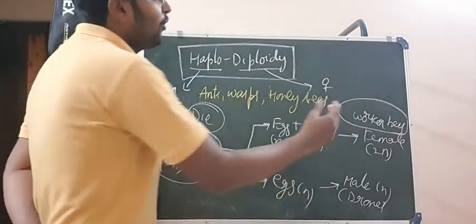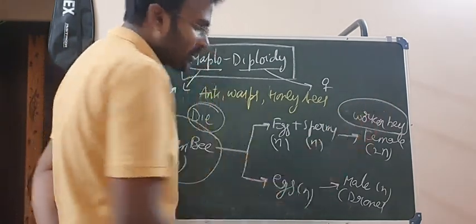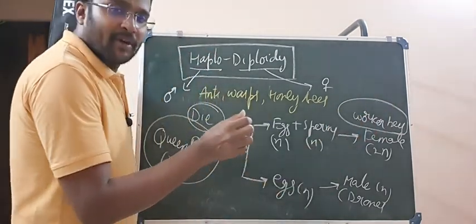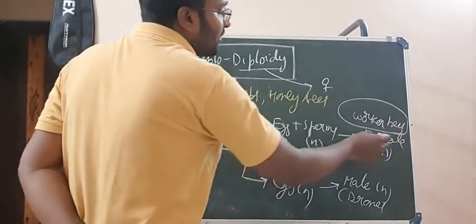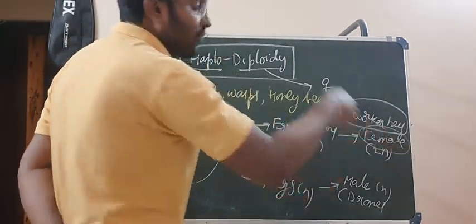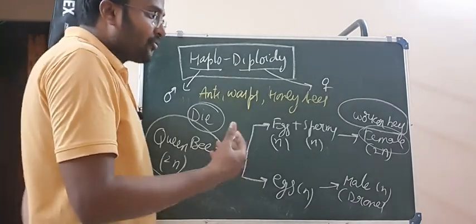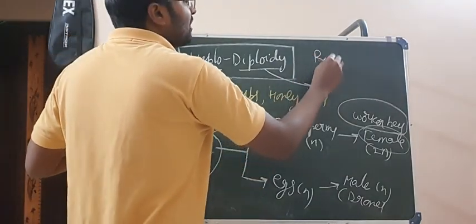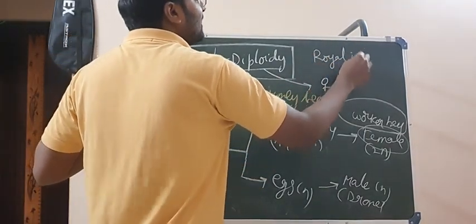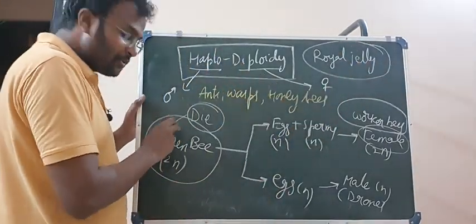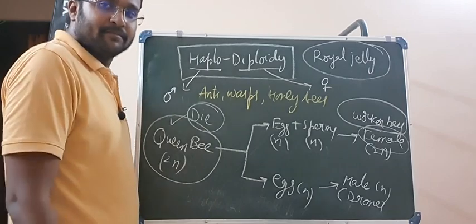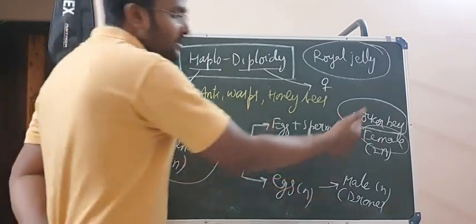Before it turns into a sterile worker bee, one larva that is particularly healthy and bigger is identified by the female worker bees, and it is fed with royal jelly, and that is the only larva which is going to turn into the next queen bee. So the rest of all the females are sterile.